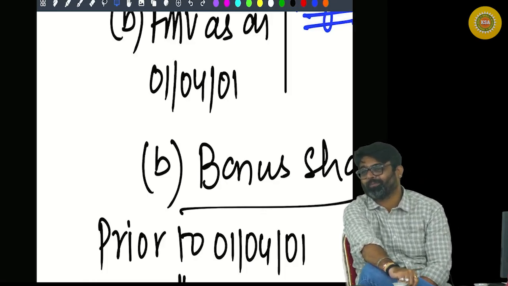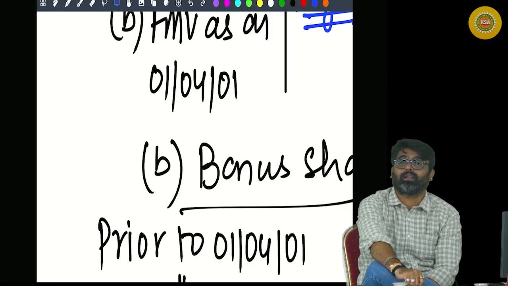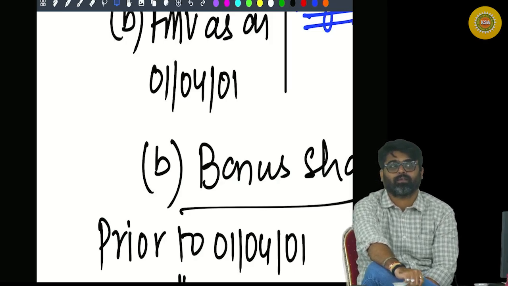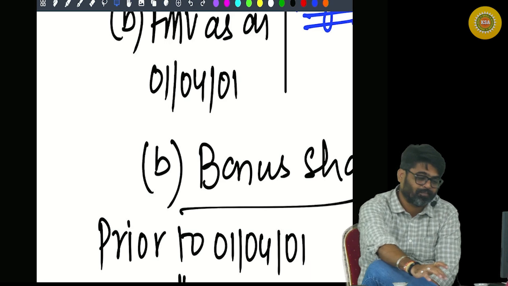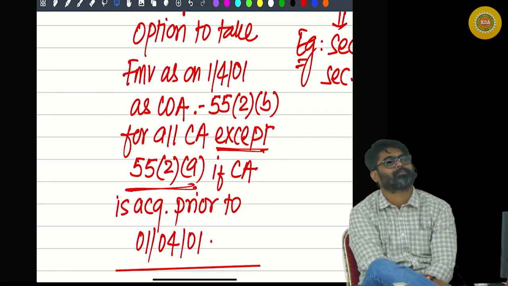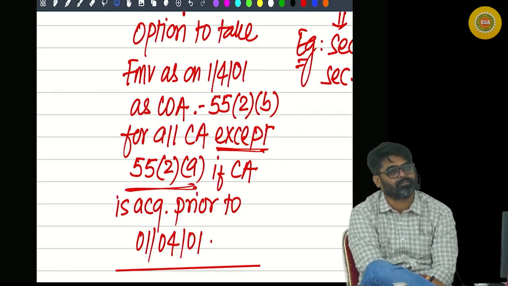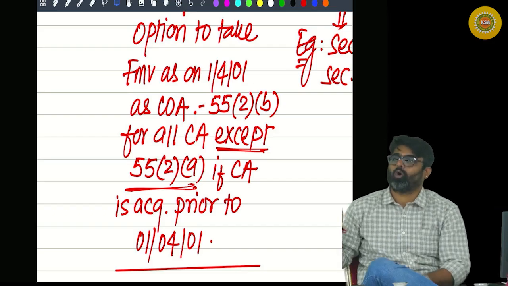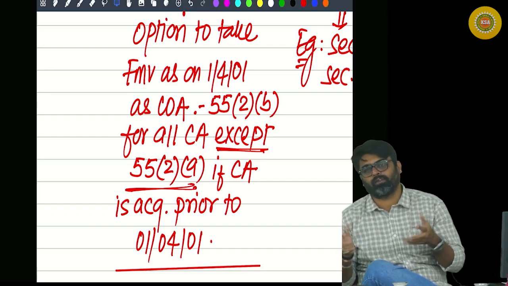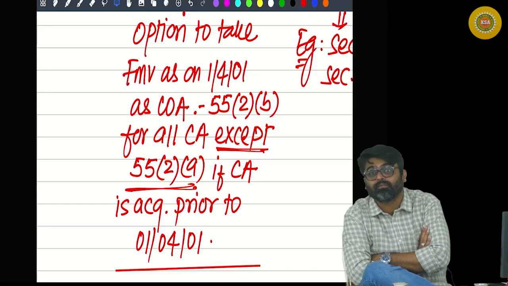prior to 1st April 2001, will you get the option to take the fair market value? Can you see the option to take fair market value is not available in the case of bonus shares?